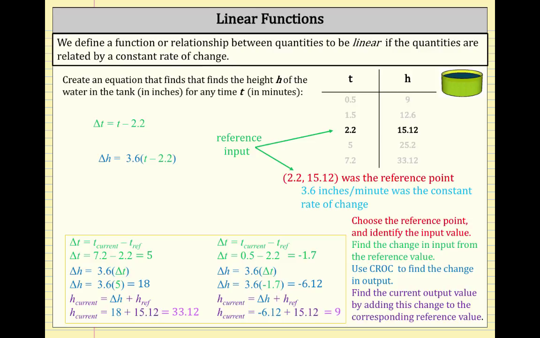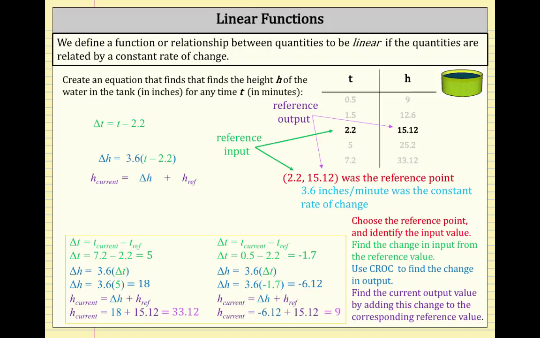Now let's look at the last step, which is to find a current output value by adding the change to the corresponding reference value. First of all, let's make sure we remember the reference output, which in this case is 15.12. And so the current height is equal to the change in h plus h ref.